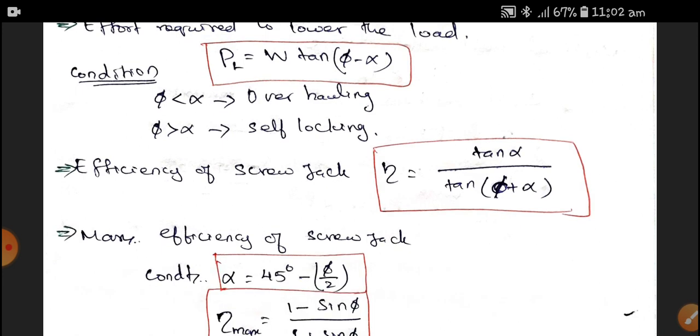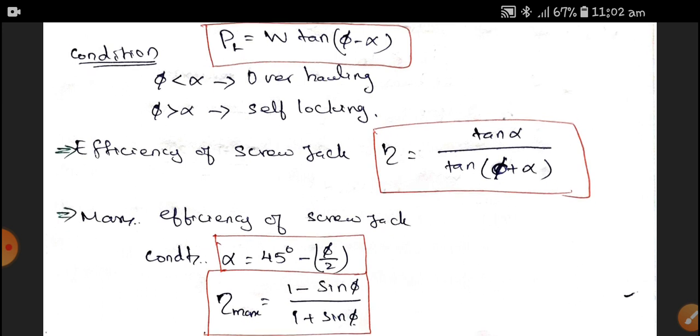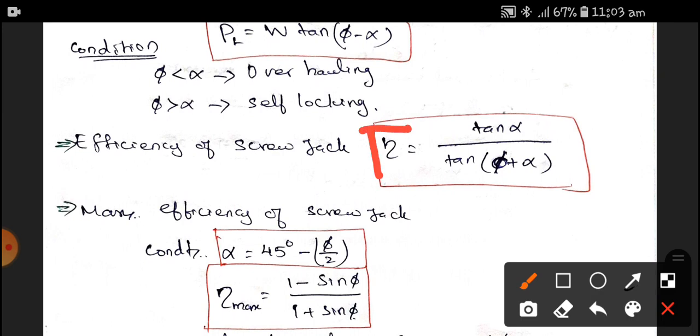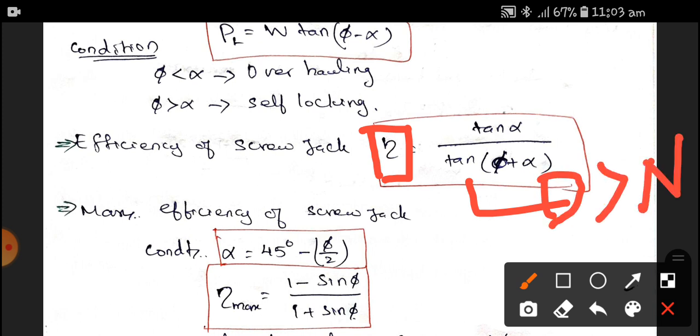Now the formula for finding the efficiency of the screw jack. The efficiency depends upon the friction angle and helix angle, and here the efficiency eta is equal to tan alpha divided by tan (phi plus alpha). Always remember that in any efficiency formula, the denominator is more than the numerator. That is why here it is a positive symbol.